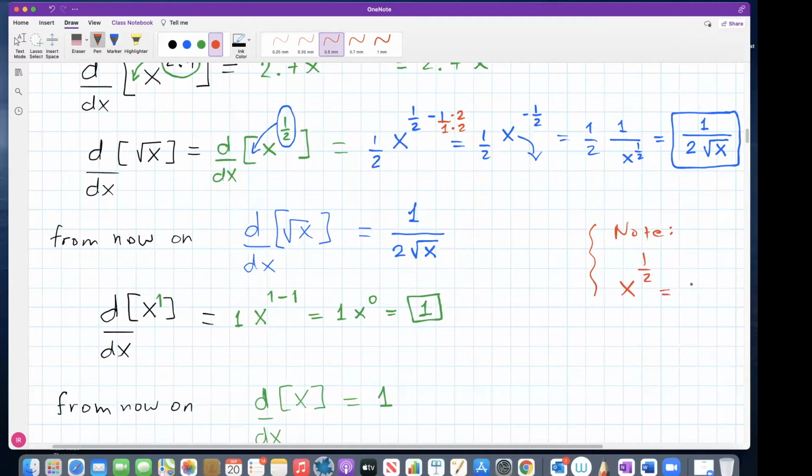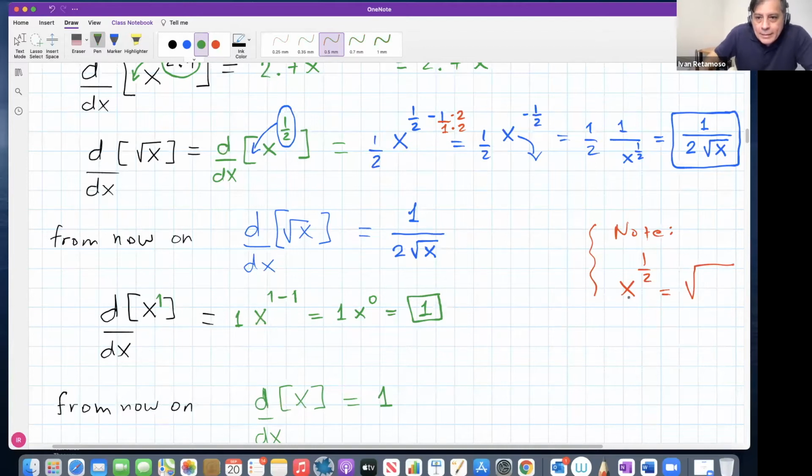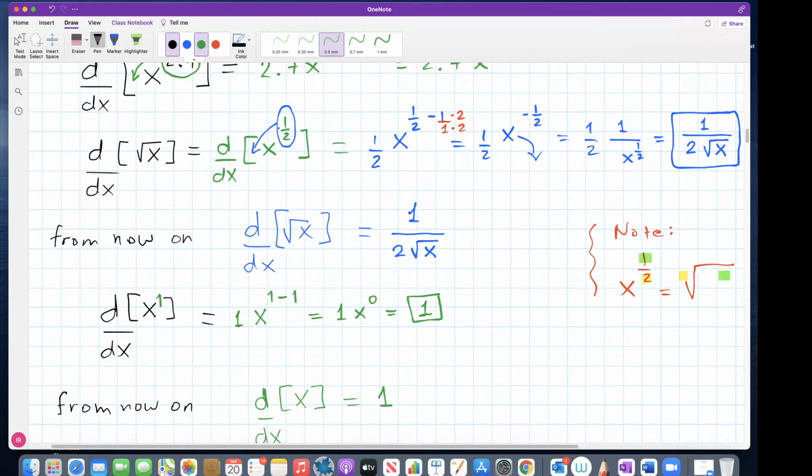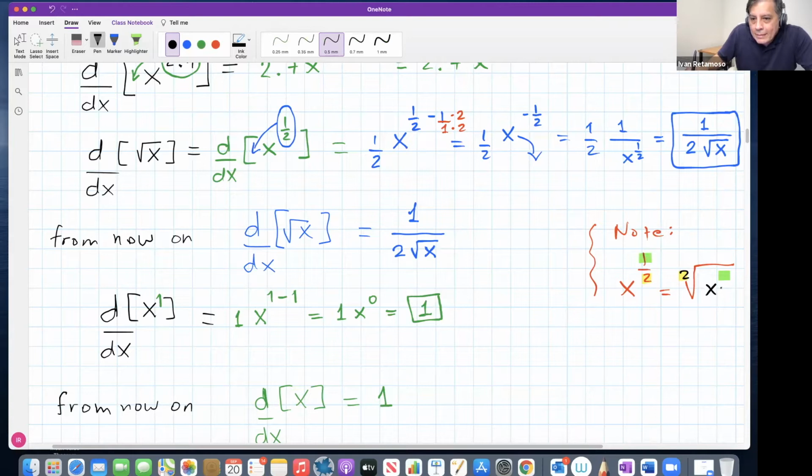The rule is that this number 2, let's highlight it, should be the index, and this number should be the one on top of the variable. So I will show you. This will be the square root, with index 2, of x raised to 1.